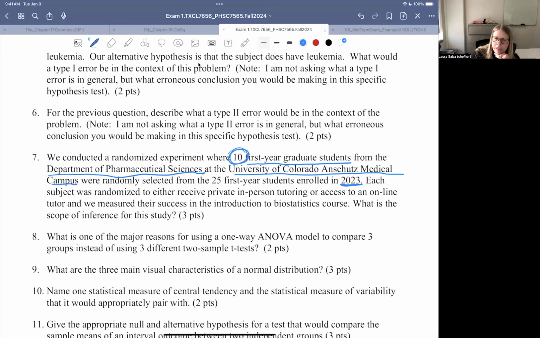And I know it seems a little bit nitpicky to say 2023, but things change from year to year. Results from 20 years ago are not going to be generalized to results today a lot of times when we're talking about any kind of medical research, right?